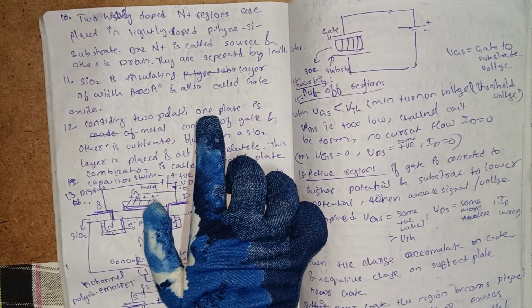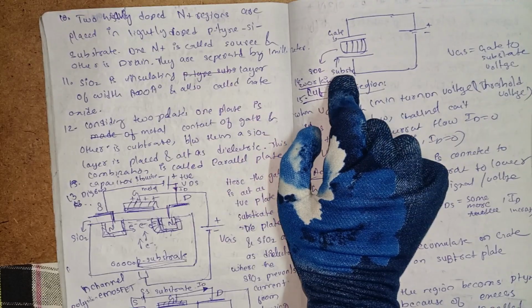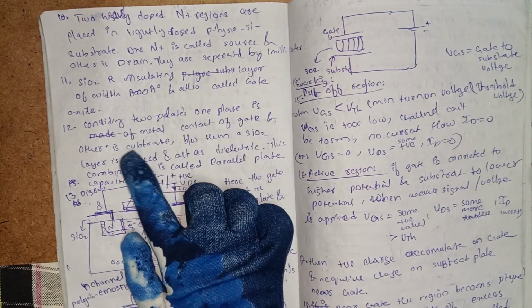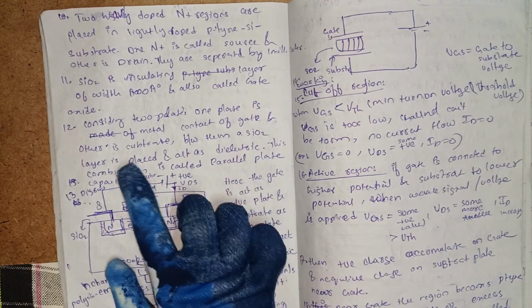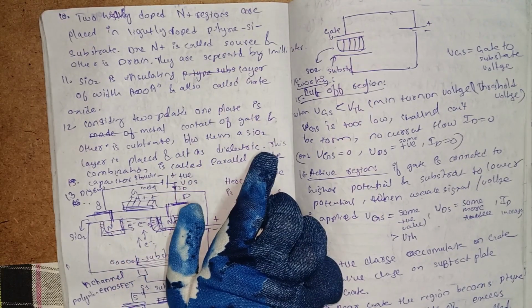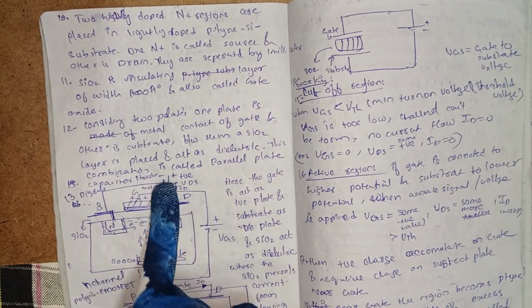Considering two plates, here is the diagram, gate and substrate plates. One plate is the metal contact of the gate and the other is the substrate. Between them a silicon dioxide layer is placed and acts as a dielectric. This combination is called a parallel plate capacitor structure.